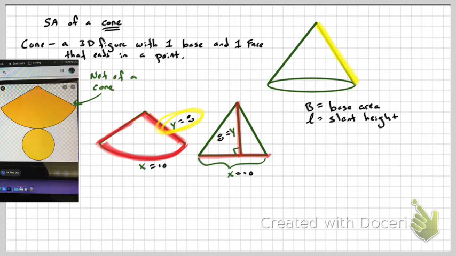Now when we get to volume, we'll start talking about this distance right here. Can't really seem to draw a straight line. Where it's the distance from the center of the cone up to the vertex. That's the actual height of a cone. But for surface area, we use slant height. So the slant height, again, is that yellow part on the cone that I just shaded in.